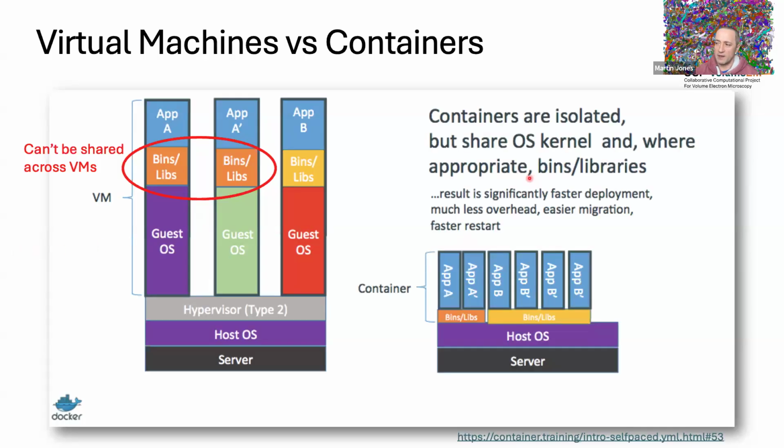The way containers work is things are much closer to the host operating system. So they have a very thin interface where they can run dedicated binaries or libraries and applications in a bundled way, but in a way that they are able to share those binaries and libraries with each other because they're not completely ring fenced like the virtual machines.